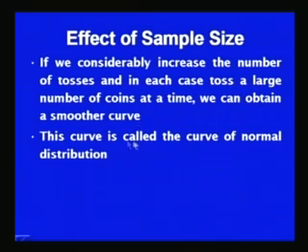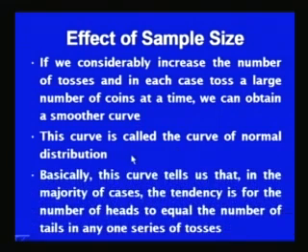This curve will show the normal distribution tendency, and basically it tells us that in the majority of cases the tendency is for the number of heads to be equal to the number of tails in any one series of tosses.